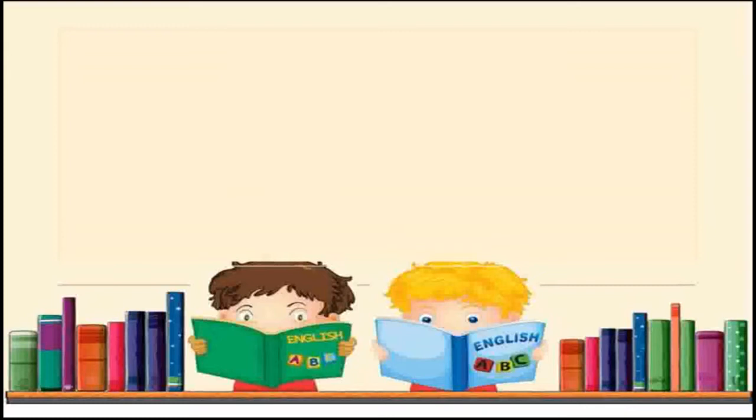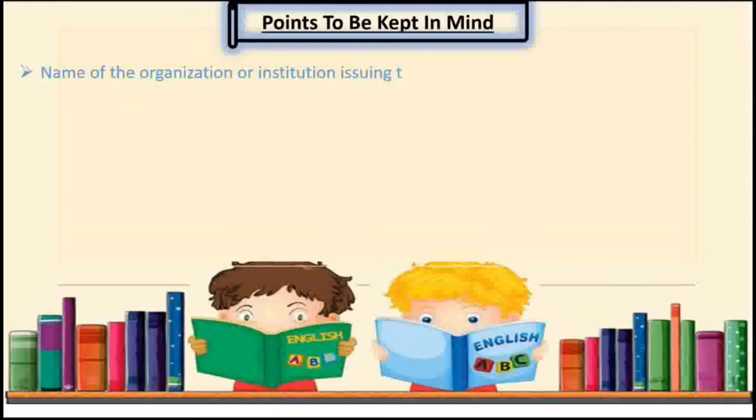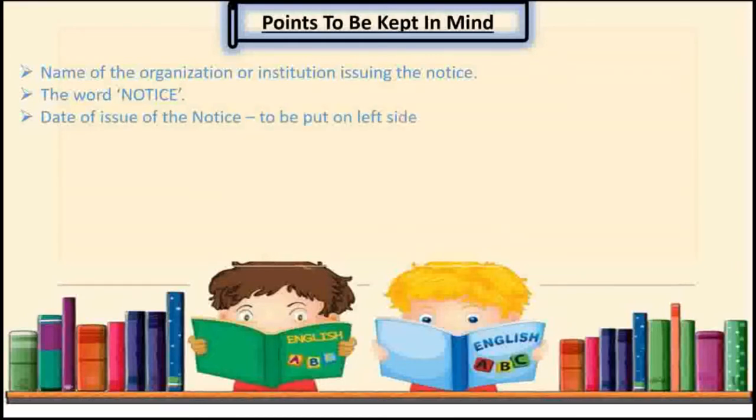Children, now let us see the points to be kept in mind while writing a notice. Name of the organization or institution issuing the notice. The word notice. Date of issue of the notice to be put on the left side.